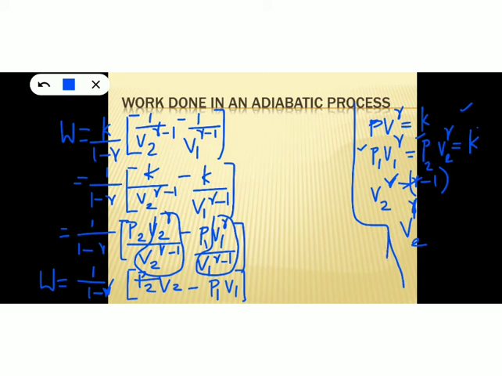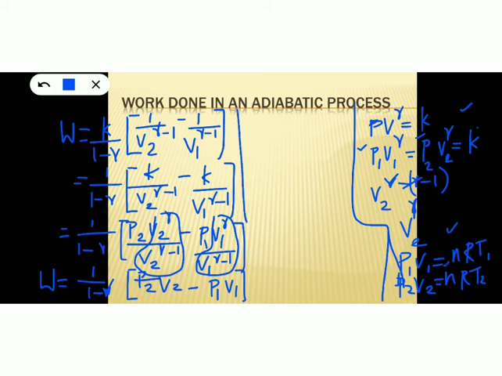And the ideal gas equation you had studied, PV equal to nRT or mu RT, isn't it? So P1 V1 will be equal to nRT1, and similarly P2 V2 will be equal to nRT2. So substitute for P1 V1 and P2 V2.